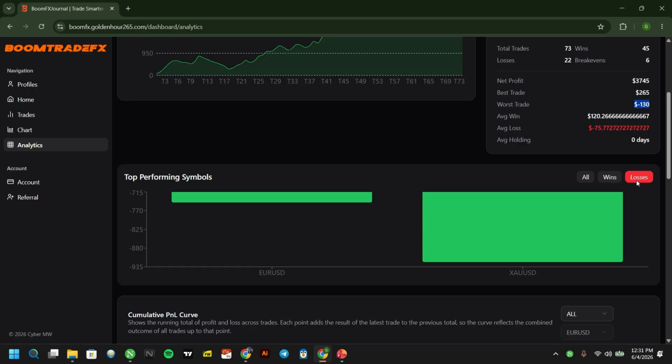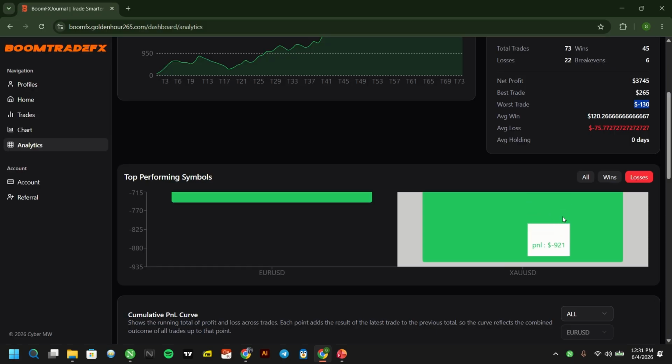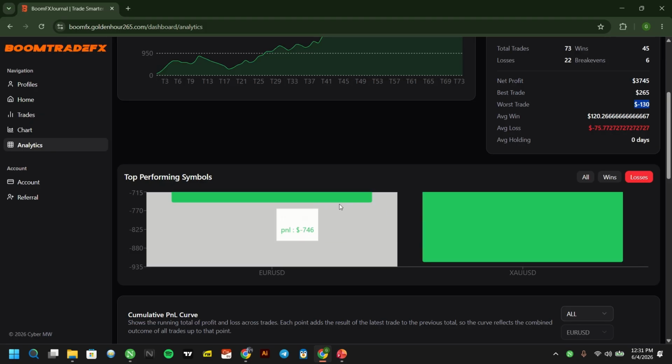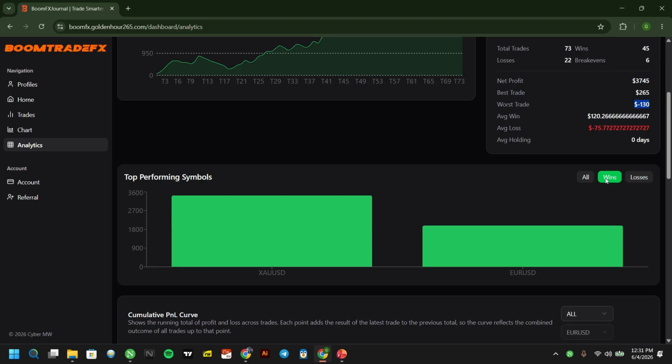And this is very interesting, because gold is the one which made more losses than Euro USD, but overall gold is the one which has made much more profit. These are interesting insights that we need to use as traders to make decisions.